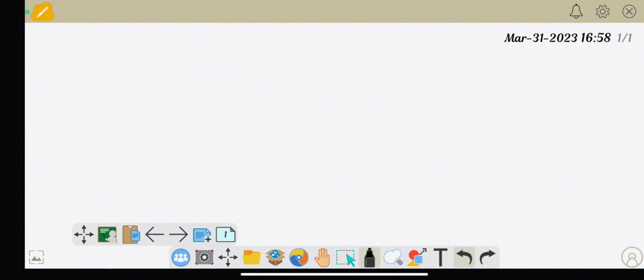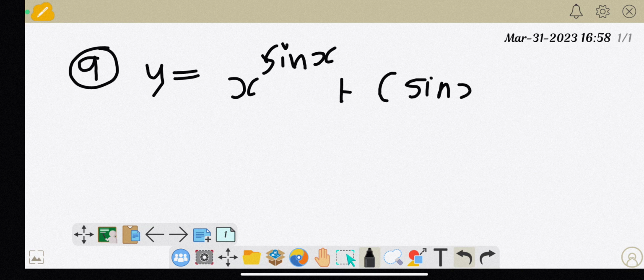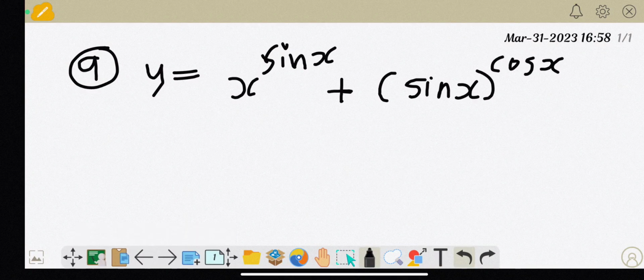Question number 9 is y is equal to x to the power sin x plus sin x to the power cos x. Now, how can we solve this? You have to use u plus v.